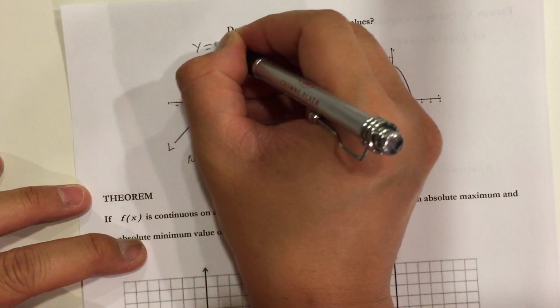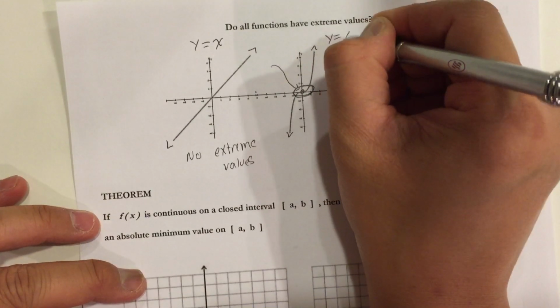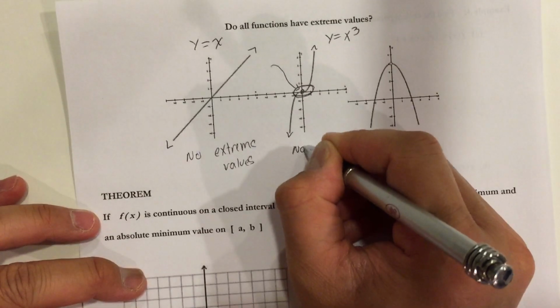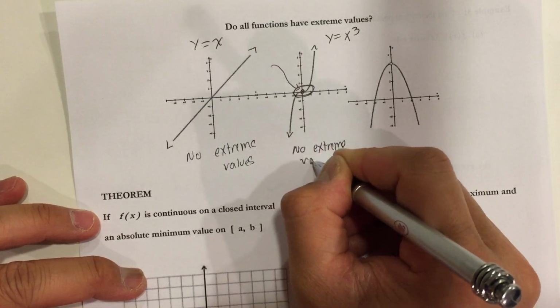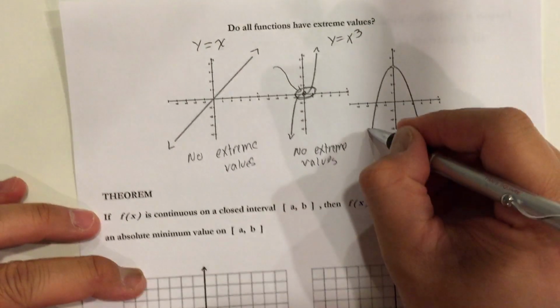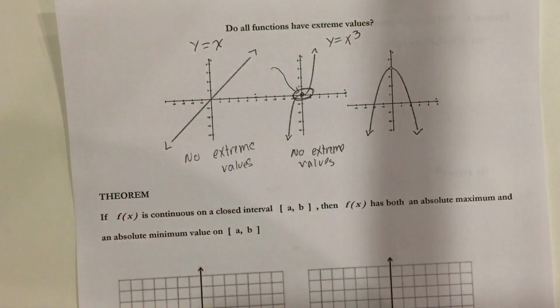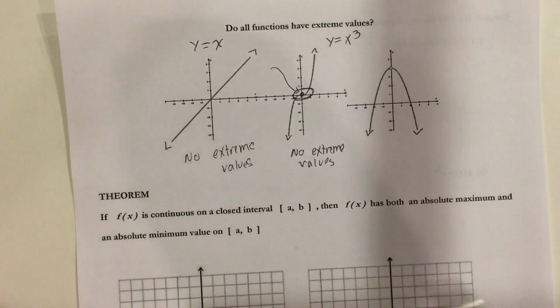So notice that here's the line, it doesn't really have an extreme value. Here's the function x cubed, and it doesn't have any extreme values. All right. And if you look at this function here, guys, I'm going to put arrows on these functions because the domain is all real numbers. These are the type of functions we're looking at.